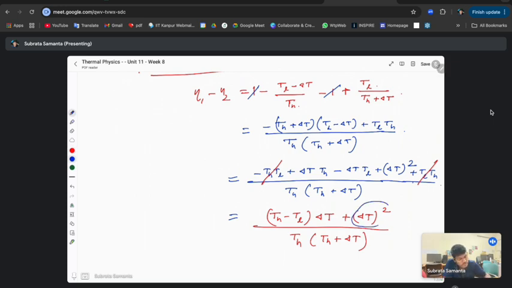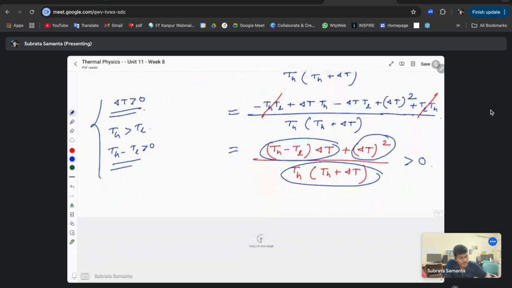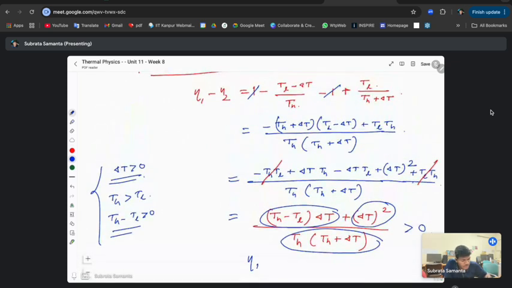So this is a positive number, this is also positive because delta T is positive, and TH minus TL is also positive because TH is greater than TL. So that means this product is also positive. Okay, so the full quantity is positive, right. So that means eta 1 is greater than eta 2, right.